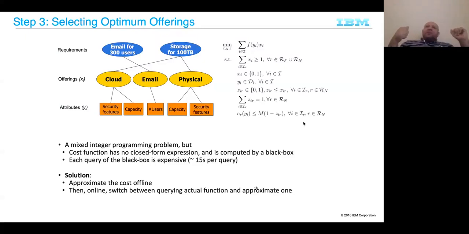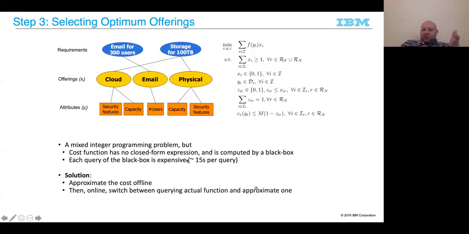If you give me some of the details about that offering, so for example, a cloud computing offering, if you give me how much RAM and CPU and disk storage and some other details, that tool would give you the cost of it, but it does not give you a very exact formula of how that cost is being calculated. So that's why that optimization model had to use what we call black box optimization, where we can query the cost for any solution and get it back.